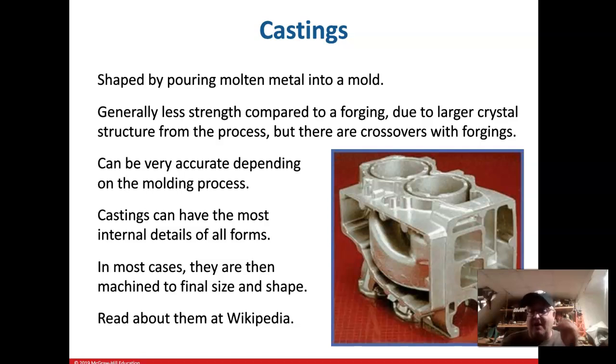So castings, if you have a lot of internal features on a part that need to be made, a casting is one of the ways to go. Although you may or may not be able to get inside of the casting to actually machine and remove any material from there. So the design engineers and engineers in general usually take a look at their designs and make a decision on what the best way to provide the raw form of that material is.